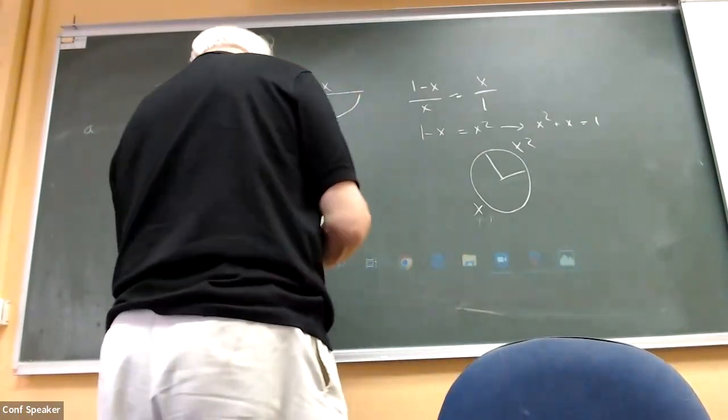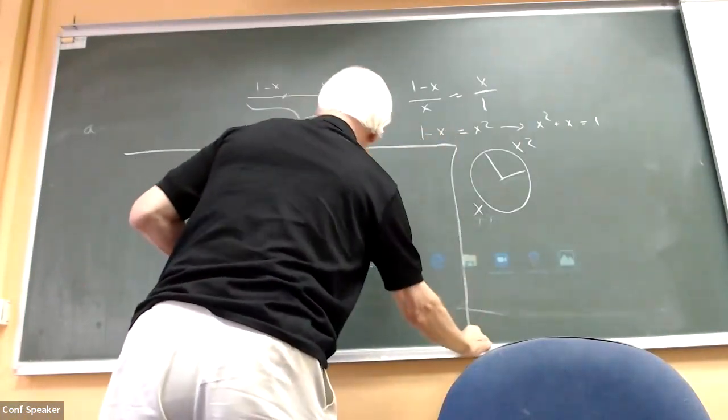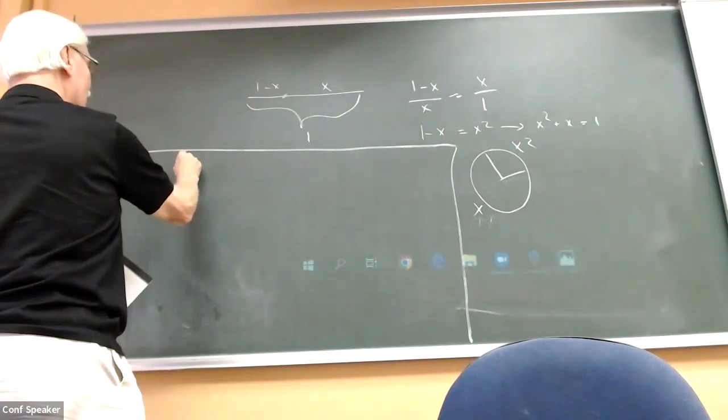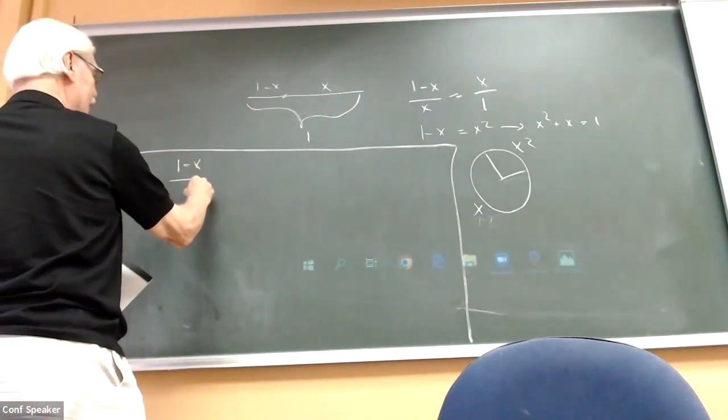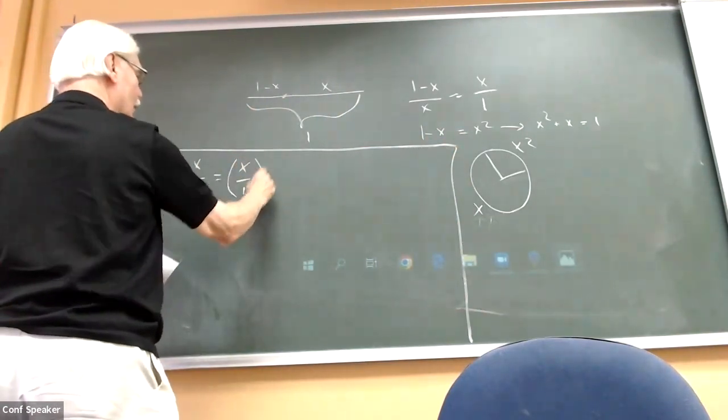So if you go to the Fibonacci numbers, you would have the same line, but it would be (1 minus x) over x equals x over 1 squared.